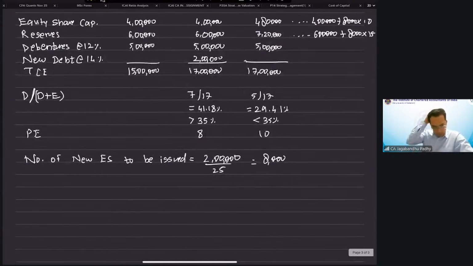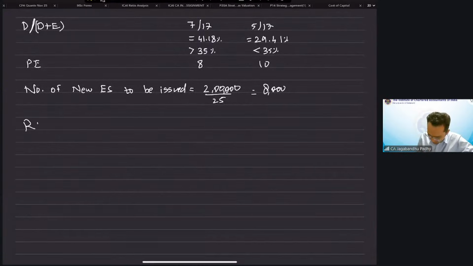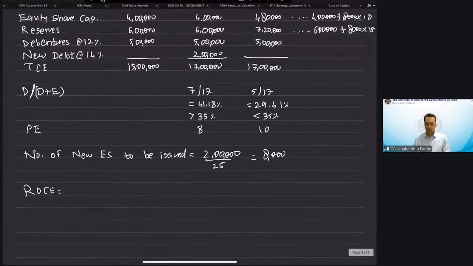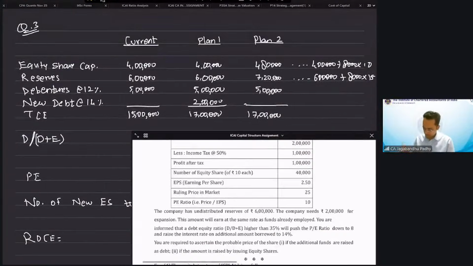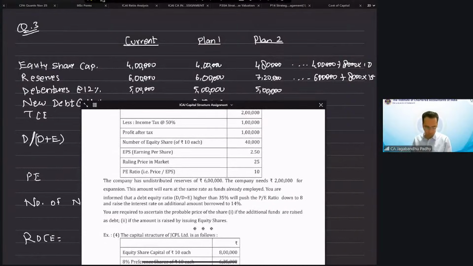Now, before we go ahead with the EPS calculation, I need to check what's the return on capital employed. Return on capital employed will be EBIT. What's the EBIT in the question? Let's have a look at it.